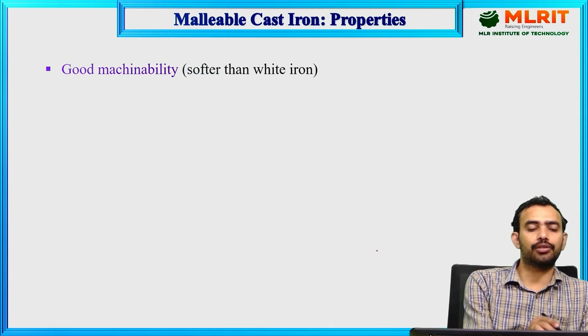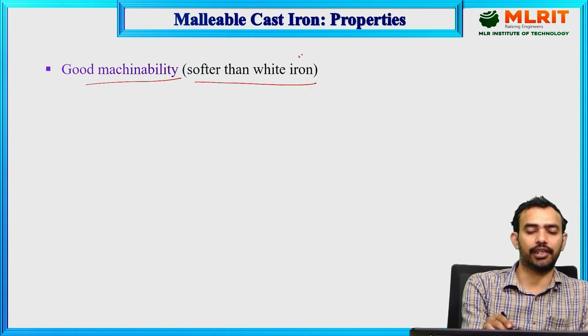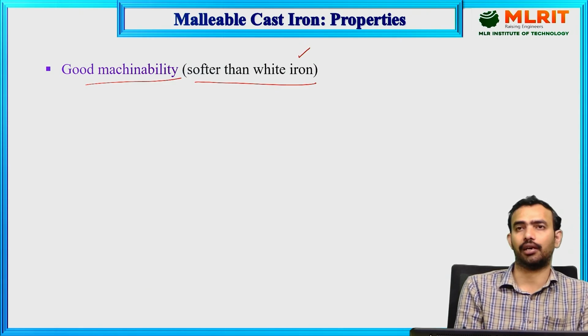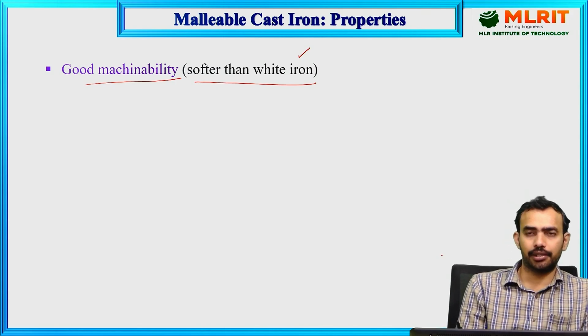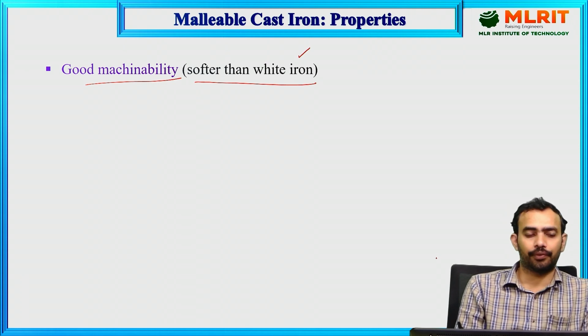It offers good machinability, softer than the white cast iron. White cast iron, because of the presence of hard Fe3C, is like unmachinable. We have seen it's only grindable, but its machinability is almost negligible. Machinability is highly challenging with white cast iron.